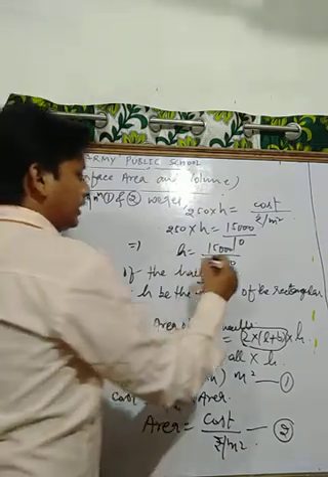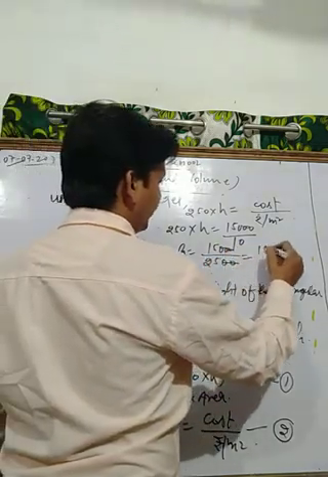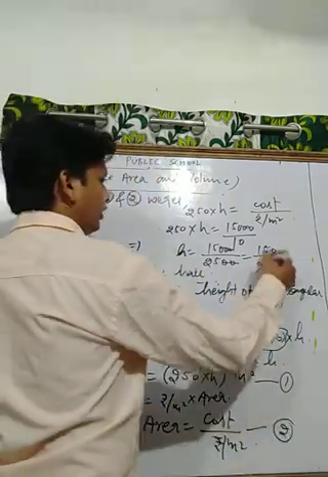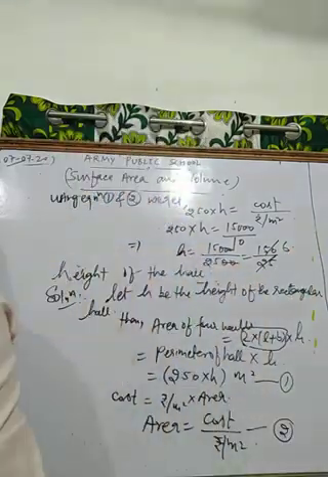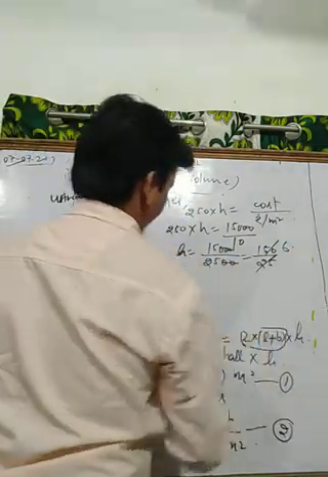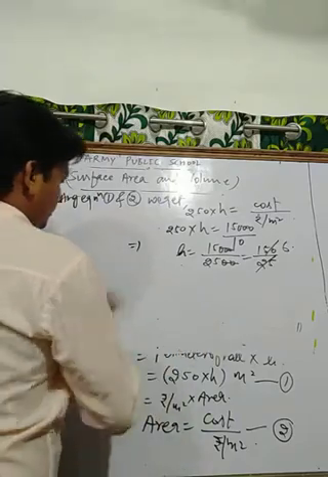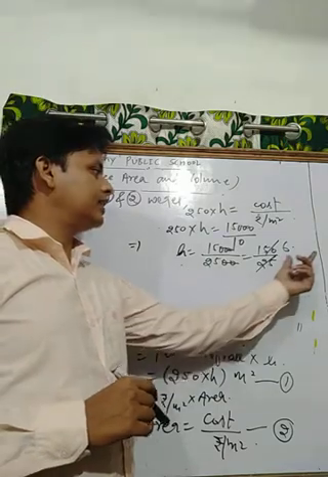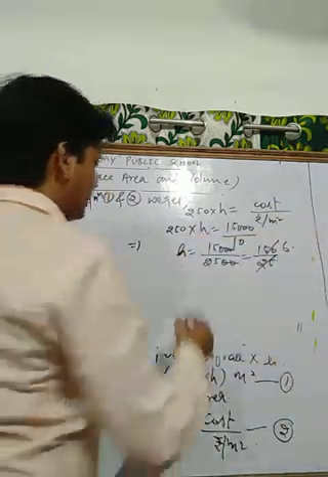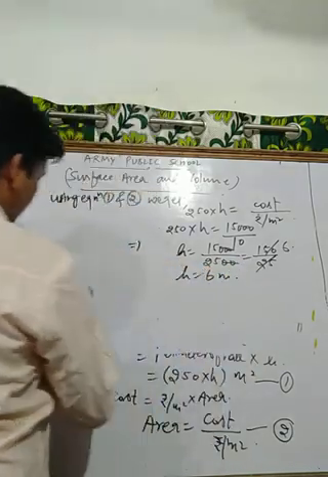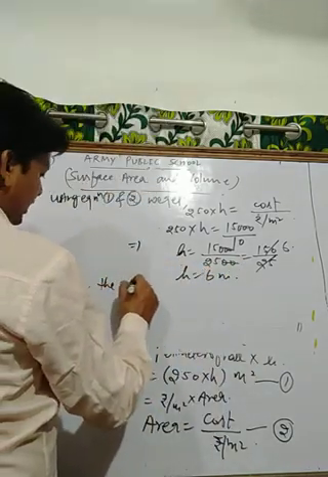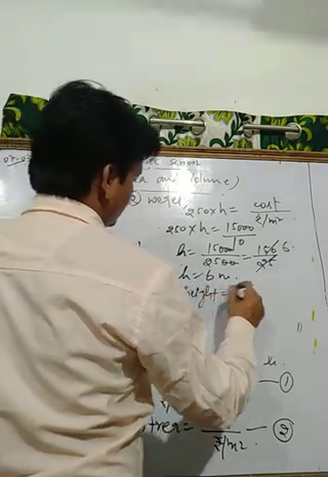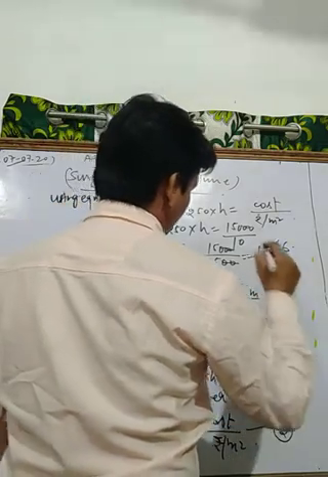Now 20 and 20 cancel each other, that is 150 upon 25, and 25 sixes are 150. So the required height of the rectangular hall is 6 meter. h is equal to 6 meter. Thus the required height is 6 meter. This is your answer.